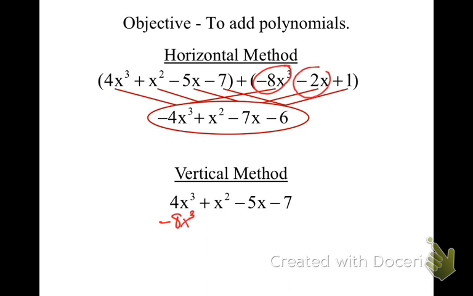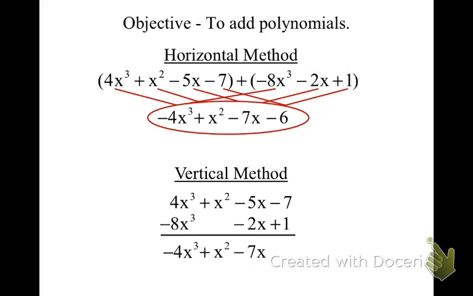And negative 2x, and positive 1 under the constant term, and then I add, going up and down: it's negative 4x to the third plus x squared minus 7x plus 1. So it's basically the same thing. I'm just lining one polynomial on top of the other. And so there we go.